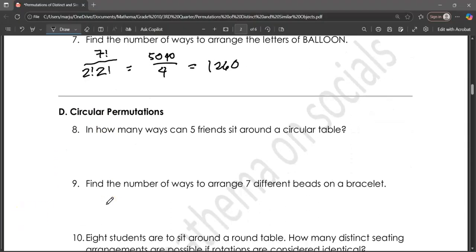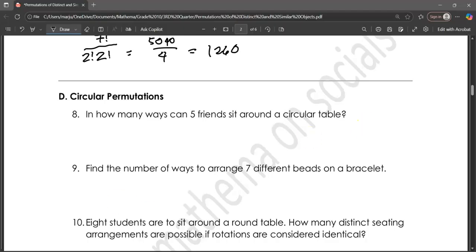Number 8, D, circular permutation. Now, circular permutations are a bit unique because, for example, you have here a circular table. This is your A, B, C, and D. If you rotate the table, for example, this is now D, A, B, and C. These two are actually the same arrangement, right?